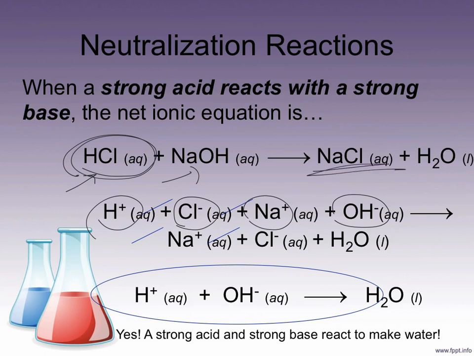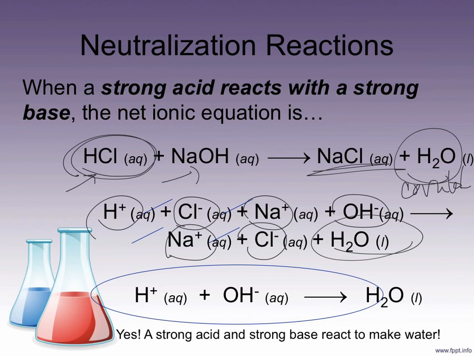We know sodium chloride is soluble, so we separate it. Water is a covalently bonded compound, so it does not contain ions and does not dissociate. Let's cross out our spectator ions. Okay, sodium shows up on both sides of the arrow, chloride shows up.